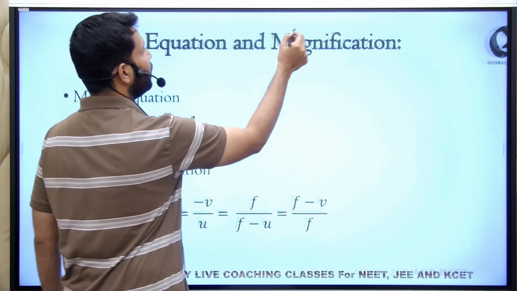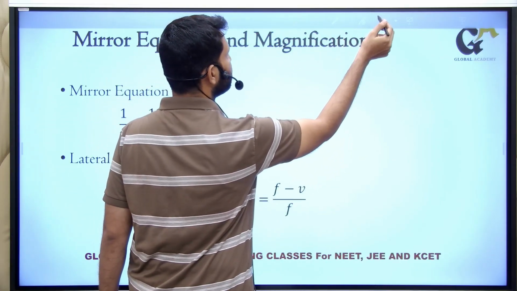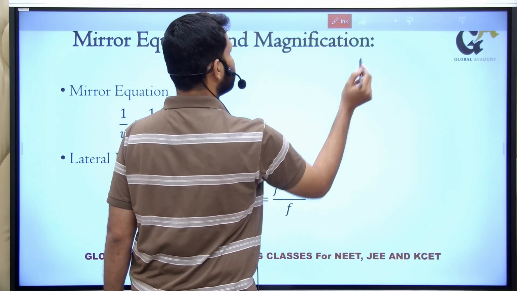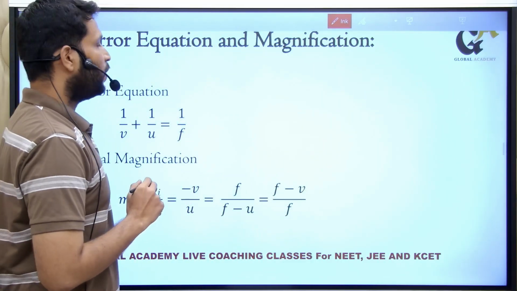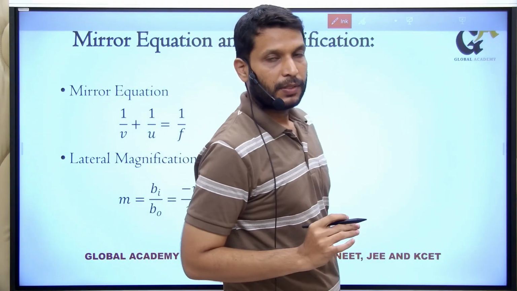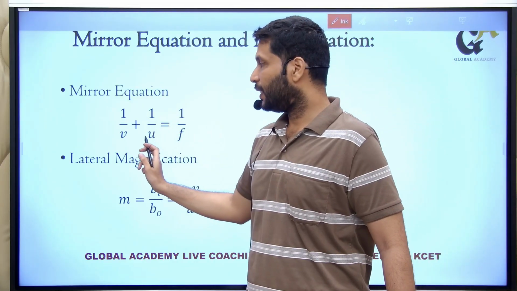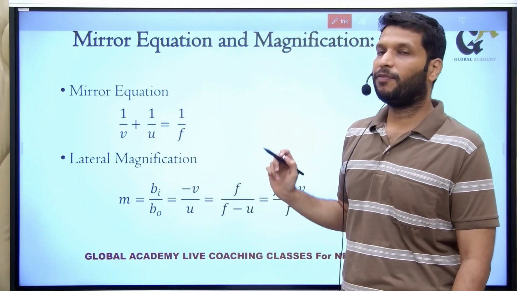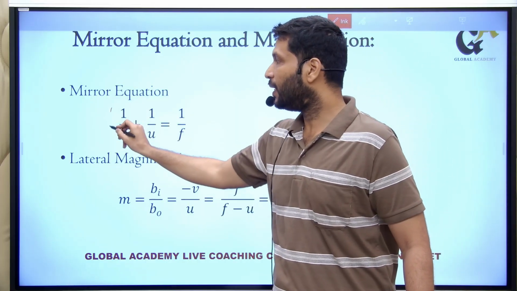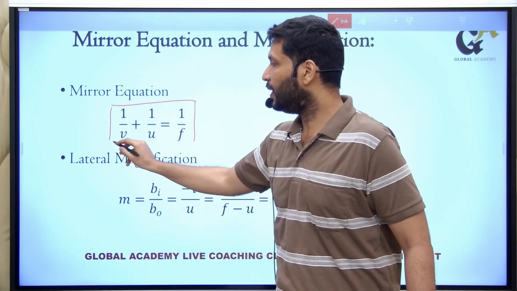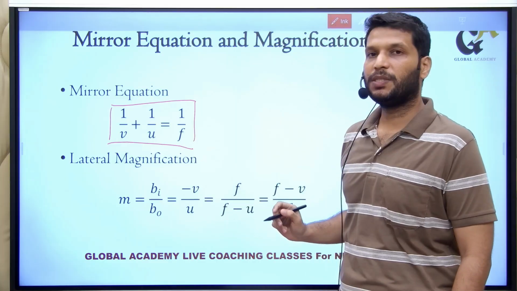So now let us discuss what is meant by the mirror formula. The mirror formula gives the relationship between the object distance, image distance and focal length, which is related by the equation 1 by v is equal to 1 by u plus 1 by f.